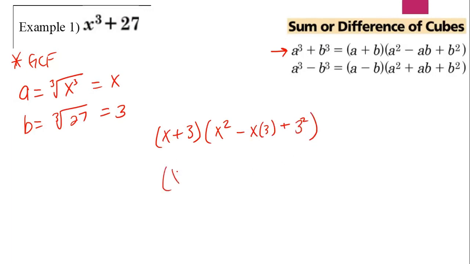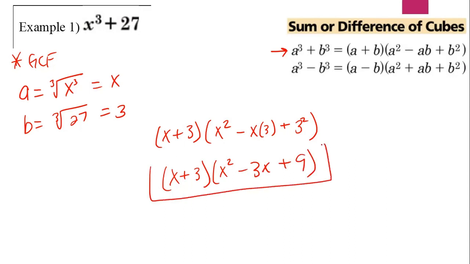I'm going to simplify this: x plus 3 times x squared minus 3x plus 9. Okay? And bam. There is my factored perfect cube.